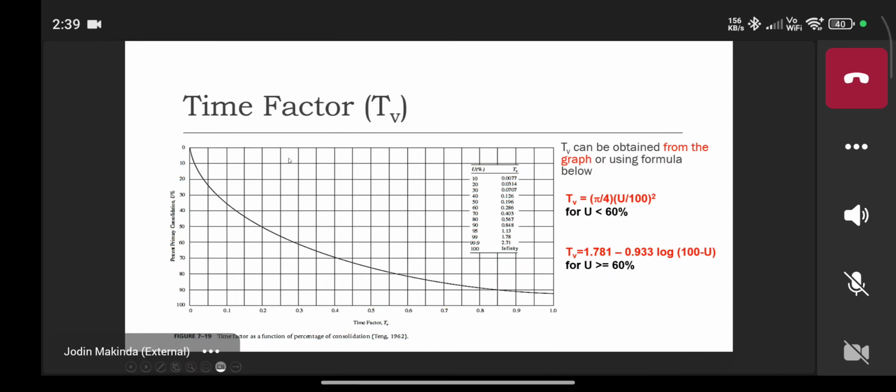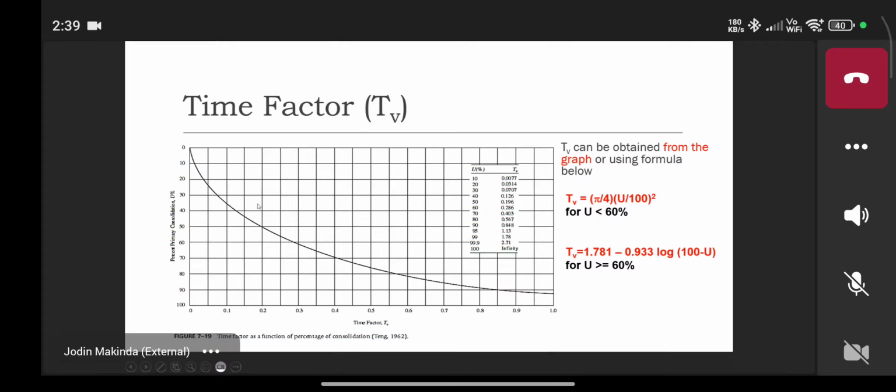Alternatively, you can also use the equation on the right side. Time factor on the top here, pi over 4 multiplied by U over 100 squared. This one is for U less than 60%. Meanwhile, for U larger than 60, the equation is 1.781 minus 0.933 log of 100 minus U. These are some of the alternatives to calculate time factor.